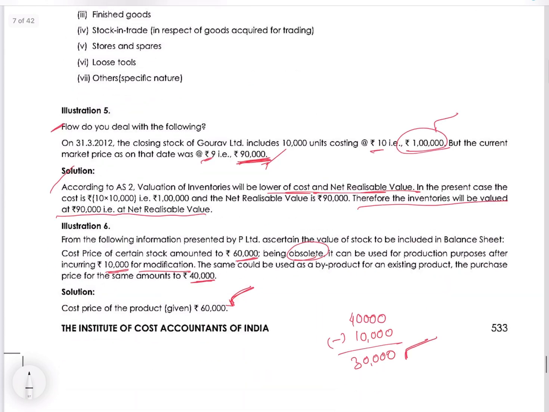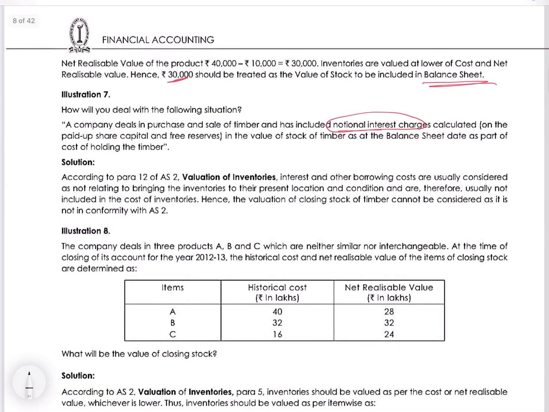So this is an interest cost, a borrowing cost, which they have included in the value of inventory. It cannot be included, because what we can include in the cost of stock is the cost of purchase, cost of conversion, and costs incurred for bringing it to its present position and condition.